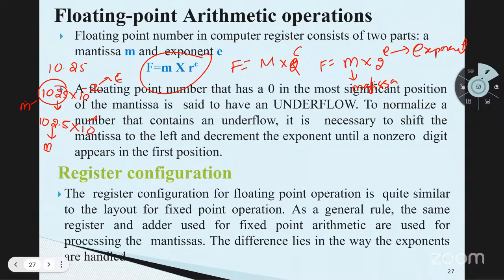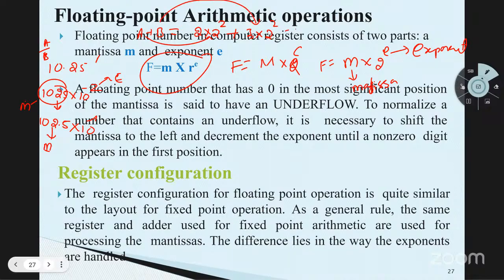The format should be written like this. If it is like this, how can you perform the division? The value may be A by B or A plus B. A is 2 into 2 to the power 2, and B is 3 into 2 to the power 2.